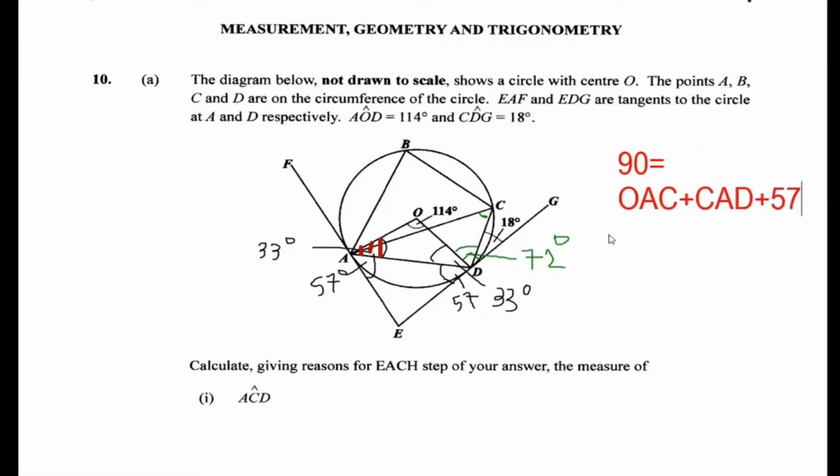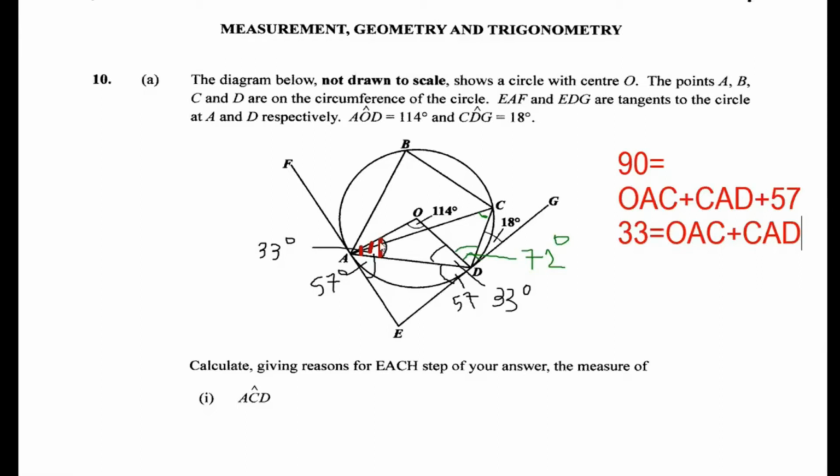That's what we know. 90 is equal to OAC plus CAD plus 57. So in reality, what we're saying is that 33 is the sum of angle OAC plus angle CAD. OAC plus CAD is 33. All right, that's one thing that we know.